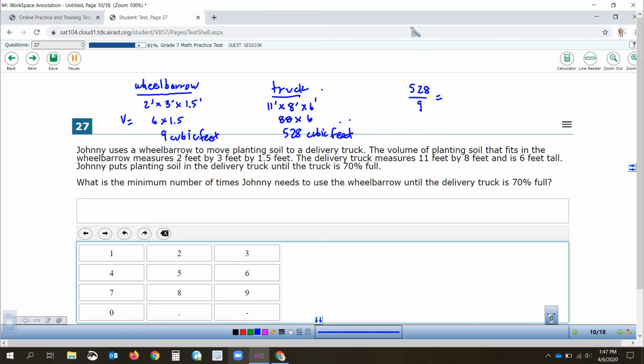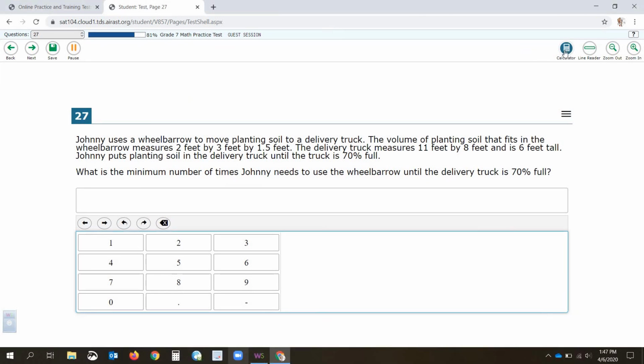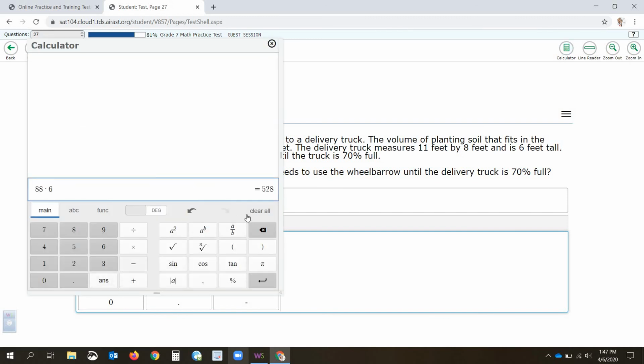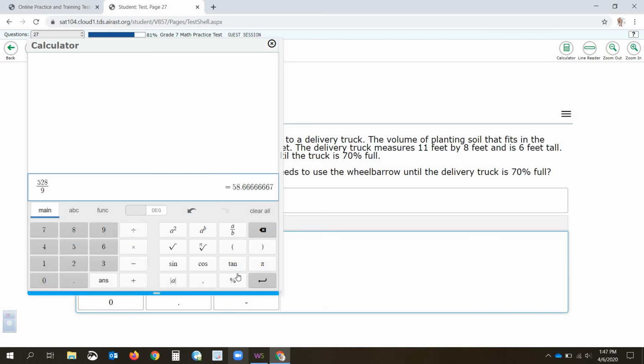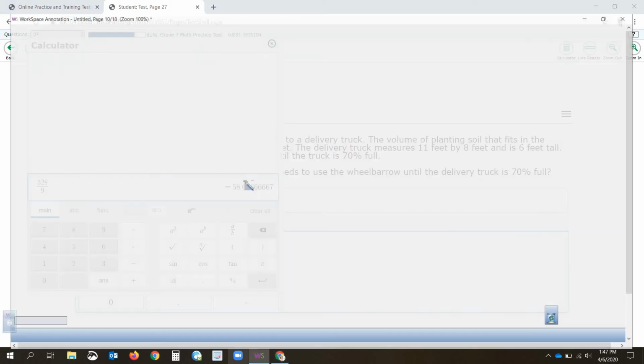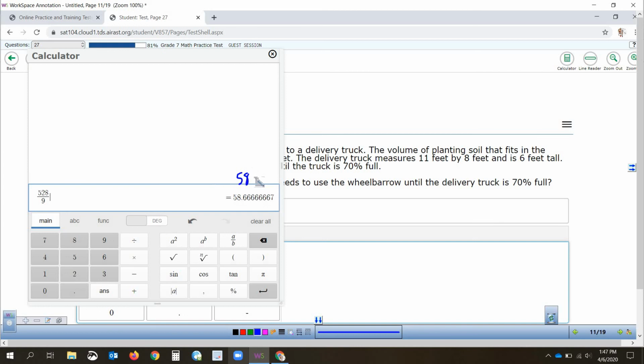If I go back to my handy dandy calculator and clear it all out, I've learned my lesson, 528 divided by 9 gives 58.66667, which is equivalent to 58 2/3 wheelbarrows. That's if it were 100% full.